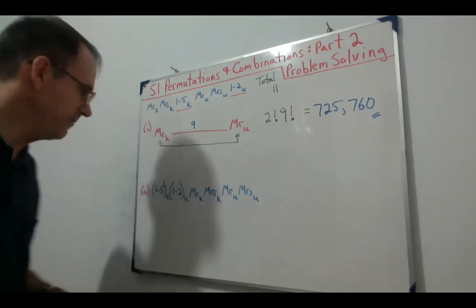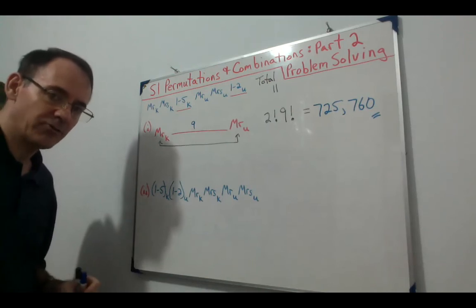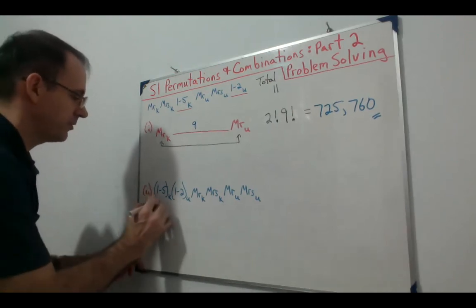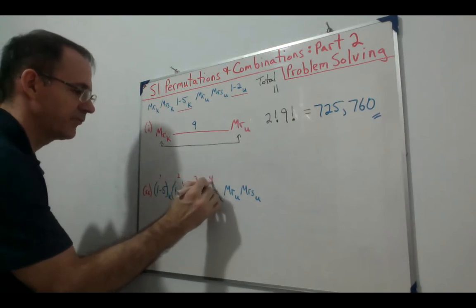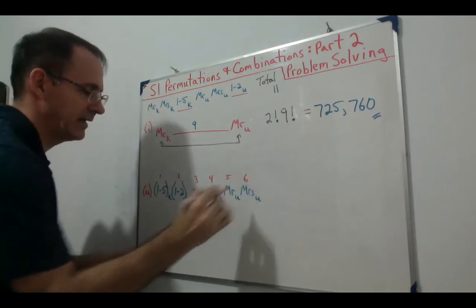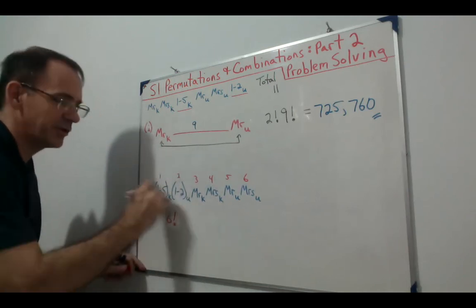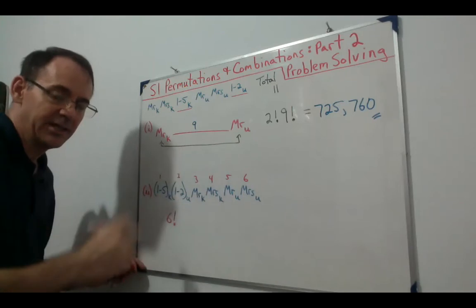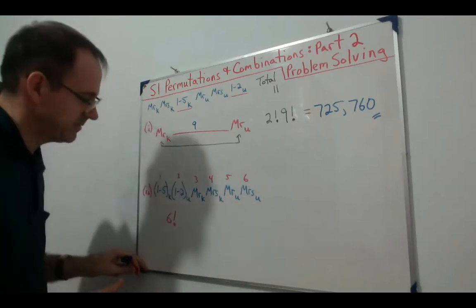We've got all 11, but because the children are in a group, each group only counts as 1. So this is now 1, 2, 3, 4, 5, and 6. So this is going to be 6 factorial ways of arranging these 6 groups or persons.